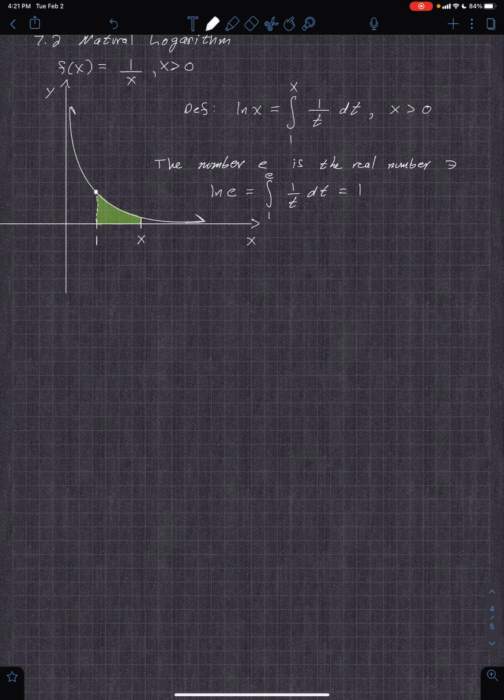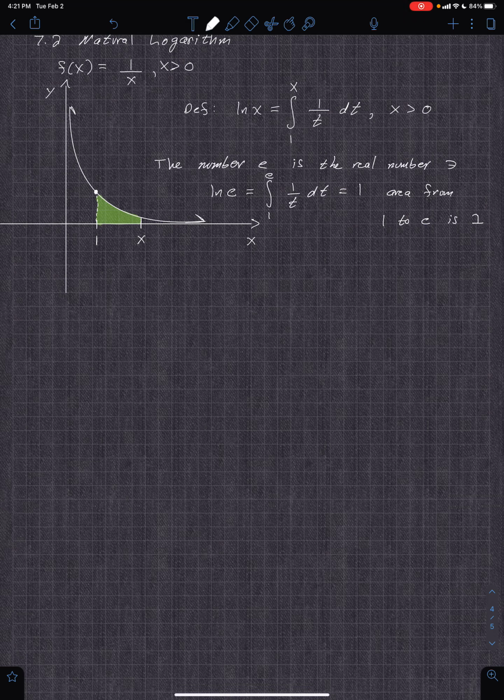So wherever that is, that's the number e. The area from 1 to e is 1.